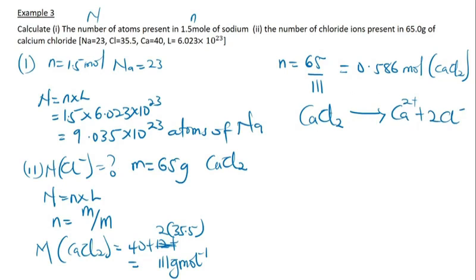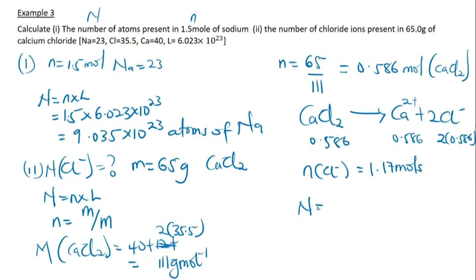If this is the mole of the calcium chloride, 0.586, then the mole of calcium will also be 0.586, and the chloride ions will be twice 0.586. So the mole of the chloride ions is equal to 1.17 moles.